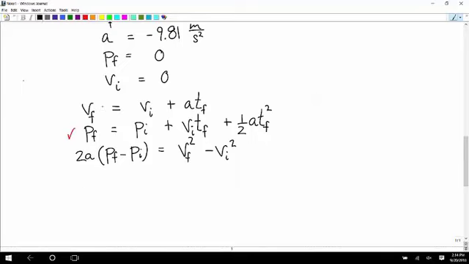So P F is 0, and that's equal to P I, which we're trying to find, plus V initial times time final.